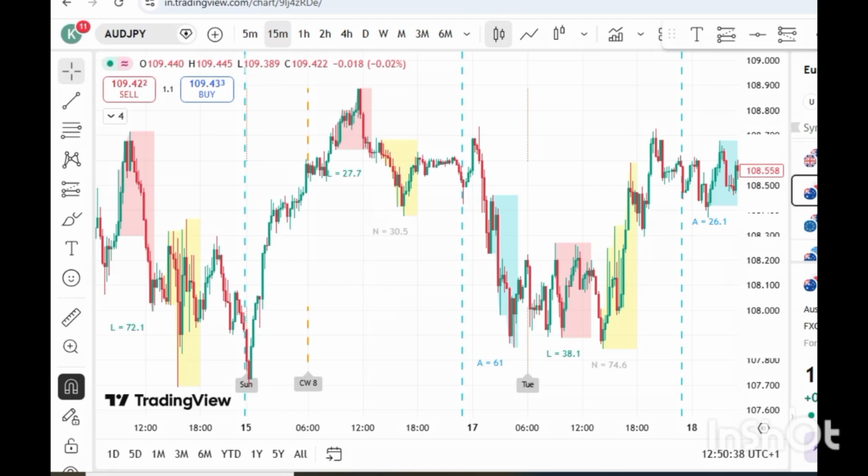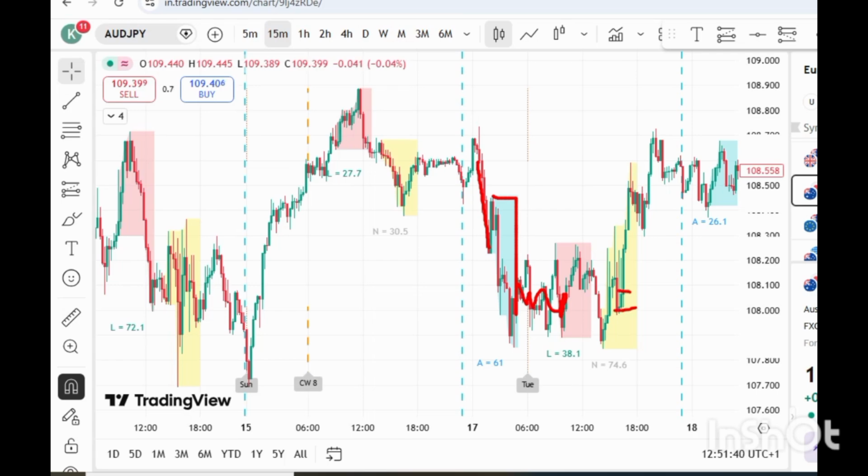This was our Asian session here, and then price just consolidated, just ranged, even during London. Then we got our trade during the New York session. We entered this trade after this higher low was created, or this zone here.